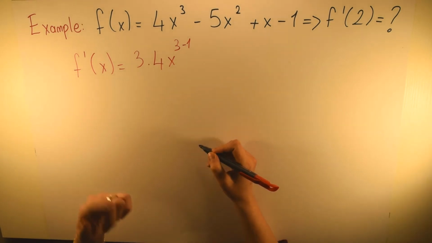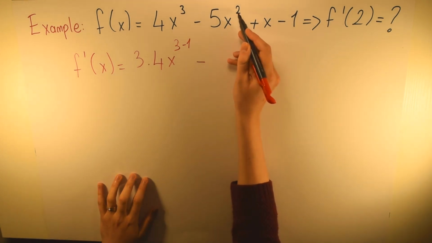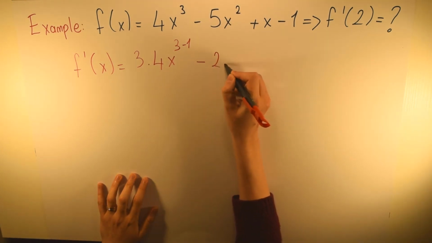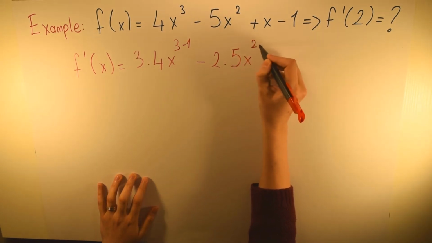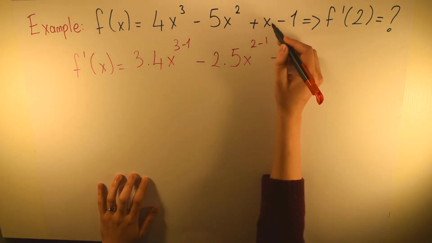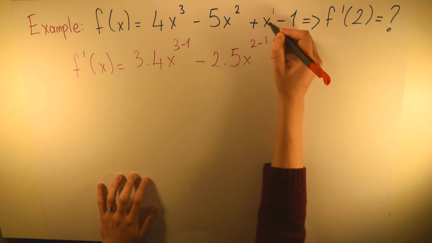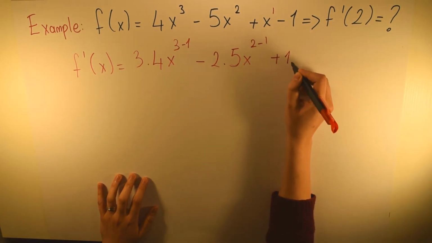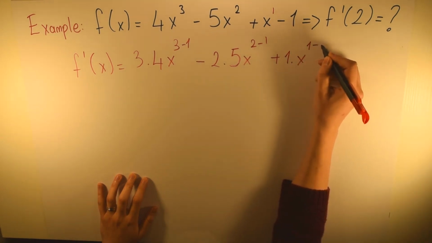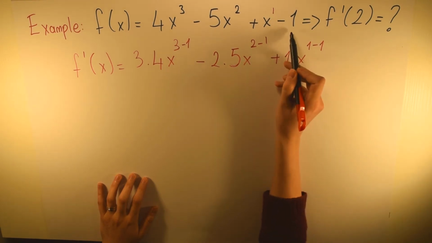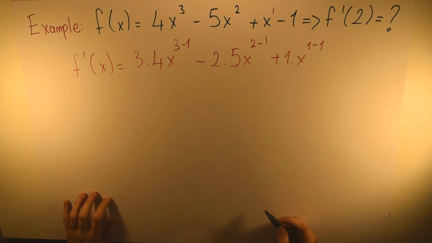We subtract 1 from this exponent, and after that it is minus, we put this exponent in front of 5x, so it is 2 times 5x to the power of 2 minus 1 plus x, this is equal to 1, because this is x to the power of 1, so it's 1 times x to the power of 1 minus 1, and this is a constant, that's why I don't need to write it because its derivative is equal to 0, right?